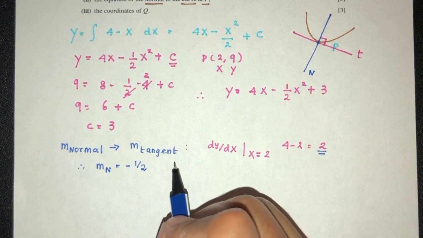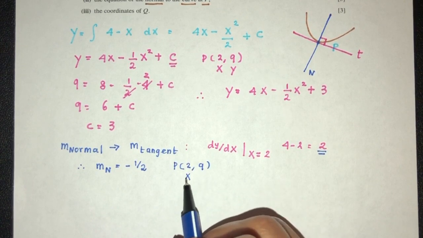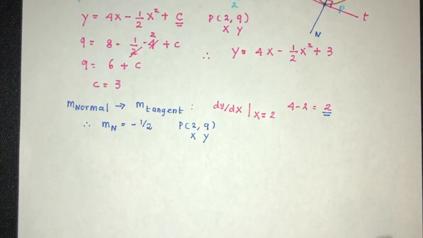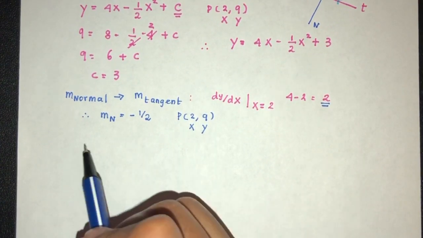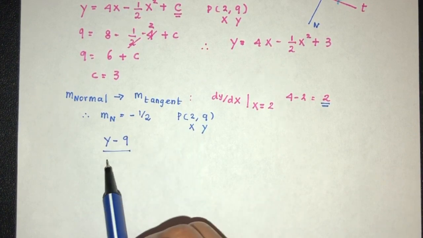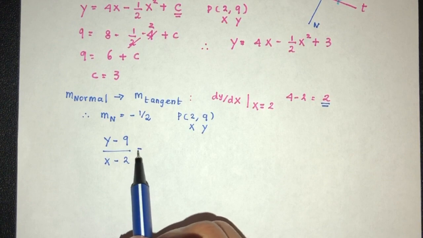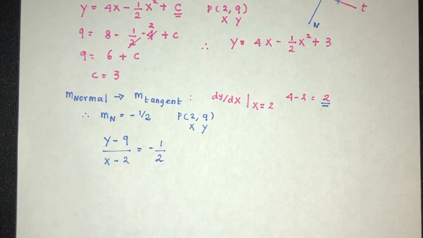And the passing point here, as we know, should be (2, 9). This is my x value, my y value. I can use that to find the equation of the normal. So that should be y minus 9 over x minus 2 equal to the gradient. Again, this is just a way for me to find the equation of a line.